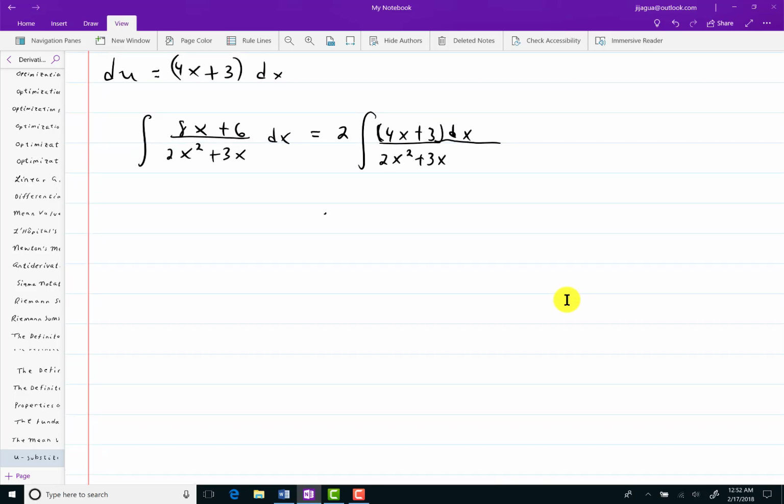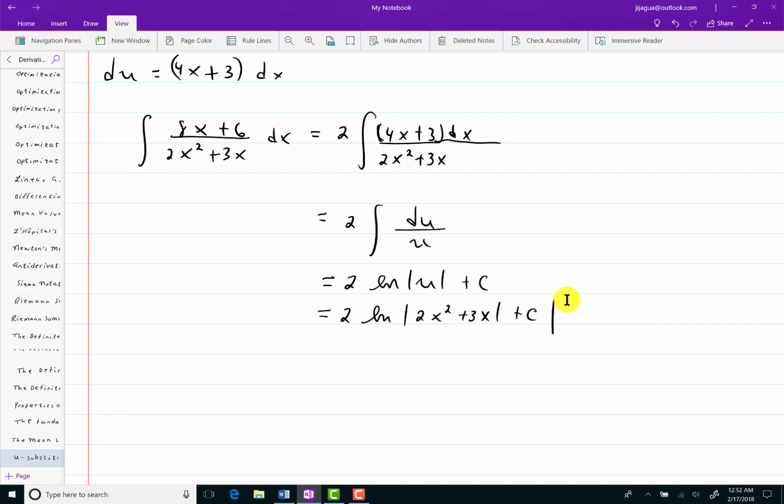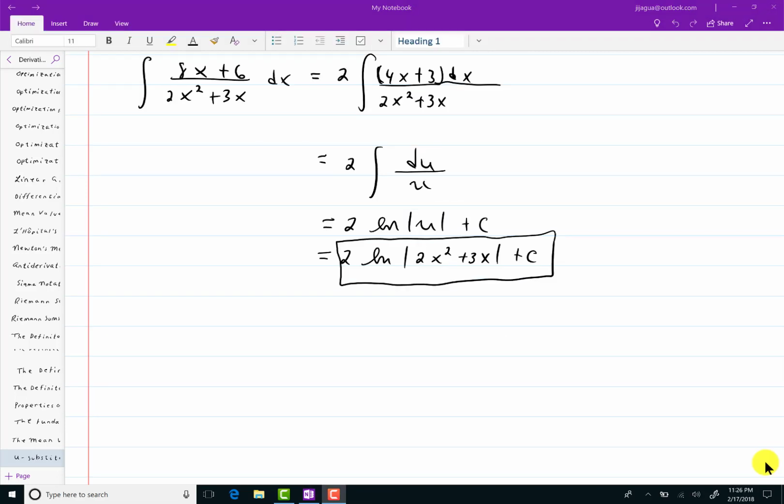And then I have 2 times the integral of du over u, and we know now that that's the natural log of the absolute value of u plus c. That equals 2 ln |2x squared + 3x| + c. So you see, just in one lesson, there's a huge variety of integrals that you're able to deal with.